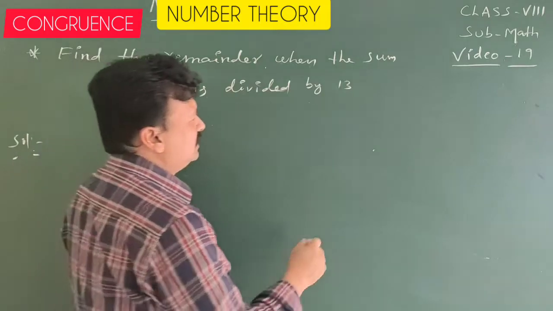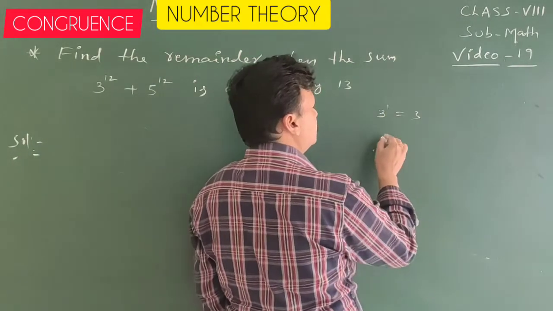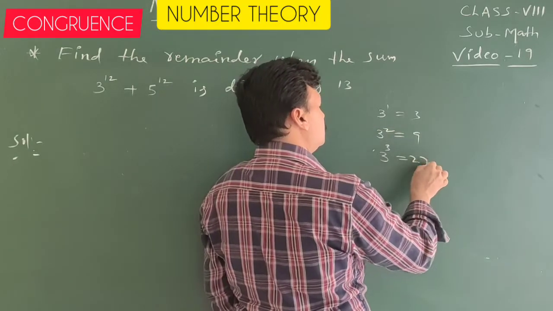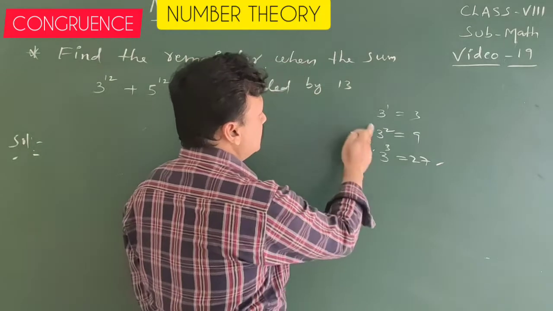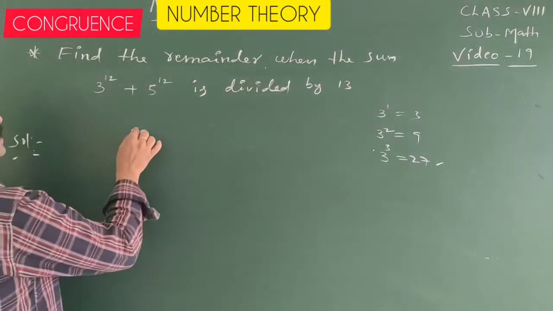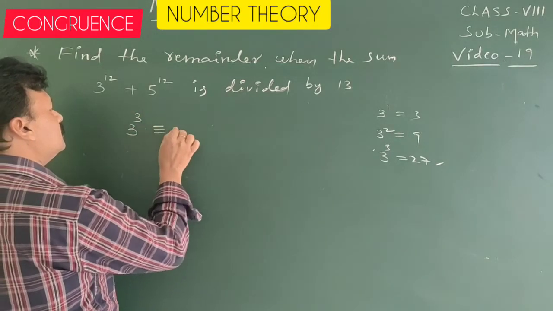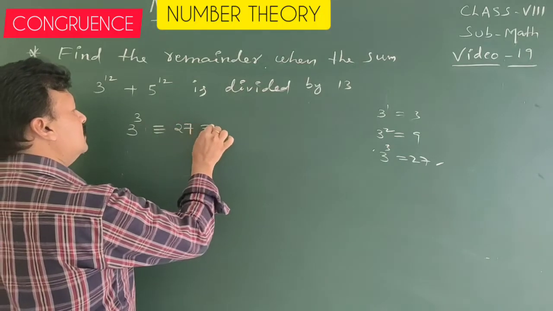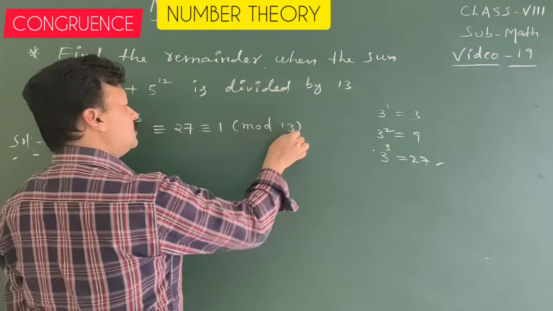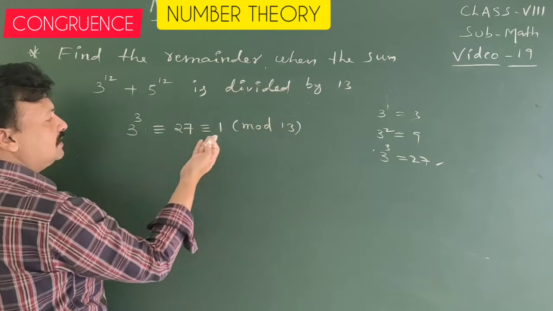Here 3 power 1 equals 3, 3 square equals 9, 3 cube equals 27. 27 divided by 13 gives 1 as the remainder. So 3 cube, 27, is congruent to 1 mod 13, because 27 divided by 13 leaves 1 as the remainder.